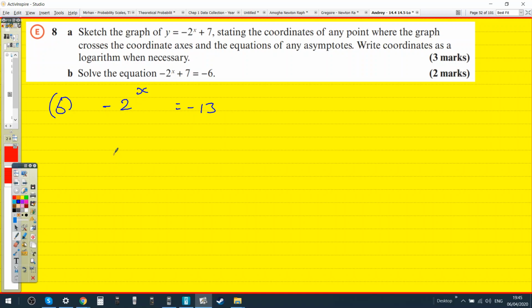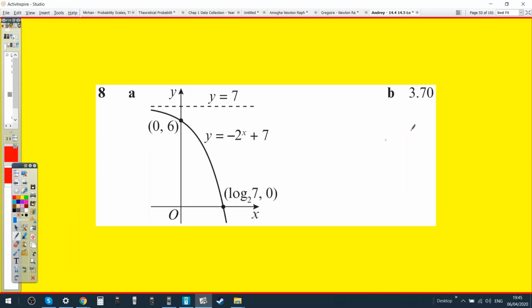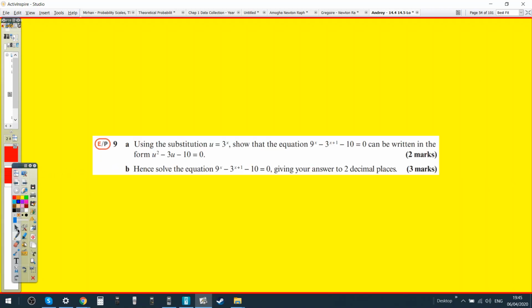Oh no, sorry. I would just do shift solve, and it gives me 3.7. I think that's right. You could just make it positive 2. So 2 to the x is equal to 13. And I think you'd probably go about it that way. 3.70? Yeah, grand.